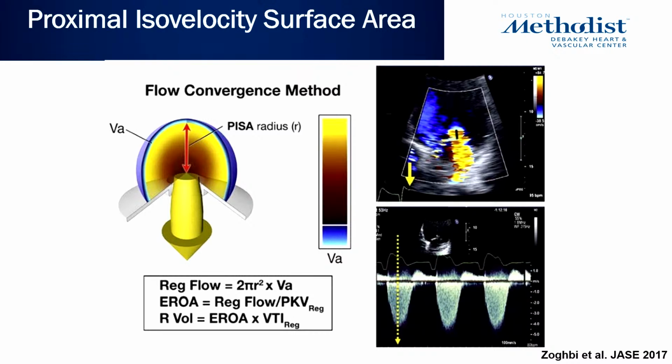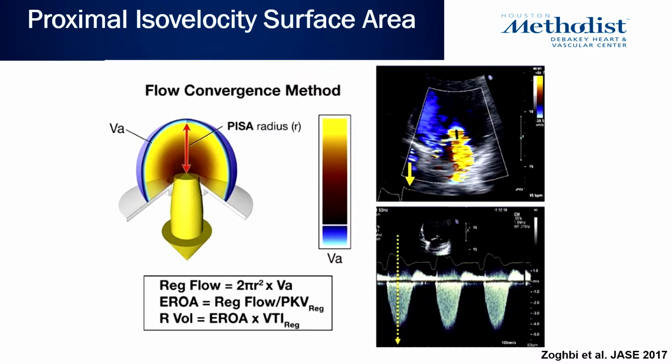PISA is useful when you're able to see it clearly and when you're able to measure it, especially in primary mitral regurgitation. The concept relies on looking at the area of proximal flow convergence. You can calculate your regurgitant flow by using the radius of the PISA. So you have your 2 pi r squared times the aliasing velocity.